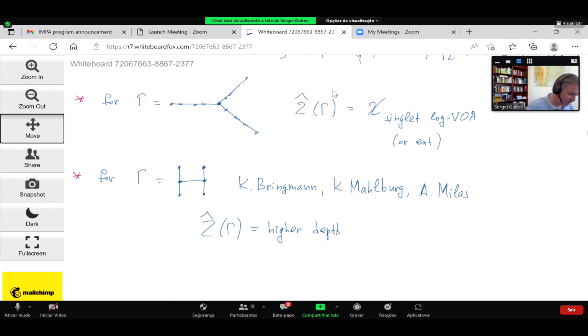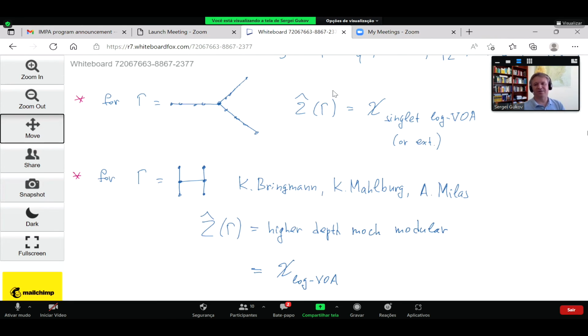High depth mock object. So the obvious question is, is it the character, or which kind of log VOAs have this kind of characters? High depth refers to the following fact: the usual definition of mock modularity means that the object is not modular, but it can be corrected in a certain way, and this correction is usually called the shadow.